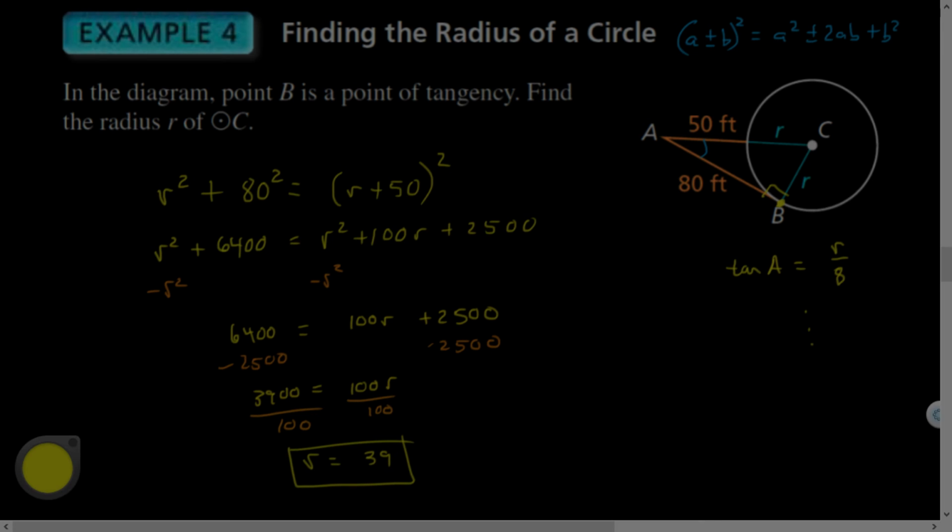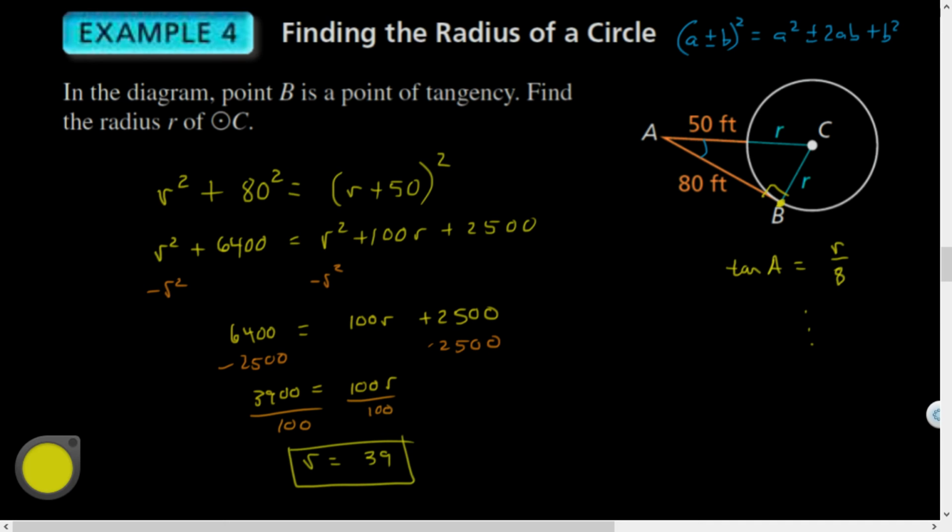Let's do example 5 here. Question, yes. I used this pattern up here. A was equal to R, and B was equal to 50, and I plugged it in this pattern. Great question, by the way. So R squared became R squared, and then plus 2AB.